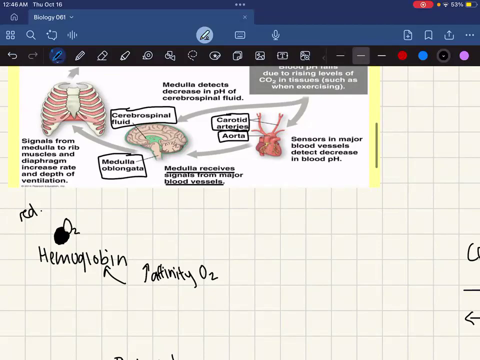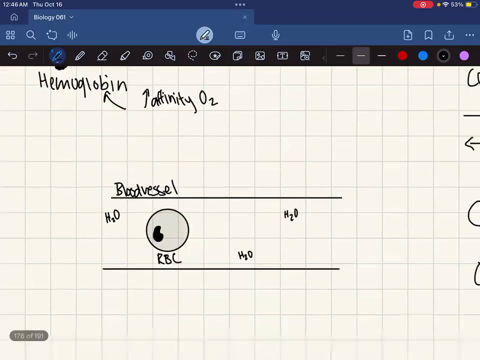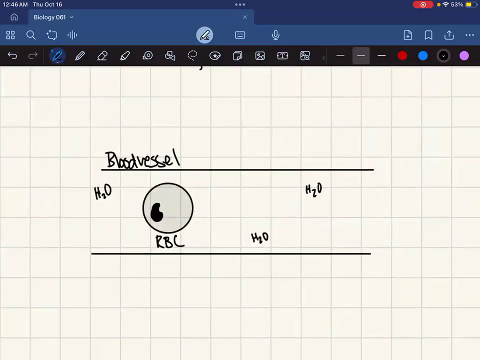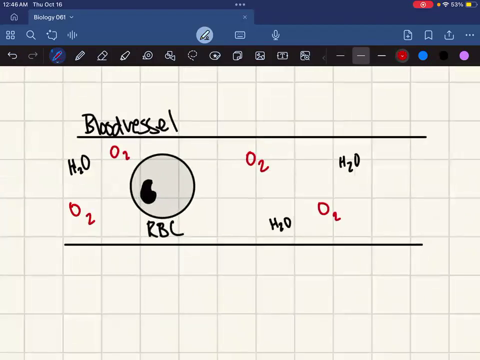Okay, and now I will go into our breathing regulation. When we breathe in, we obtain oxygen within our bloodstream, so we are saturating our blood with oxygen-rich molecules, and that oxygen diffuses from high to low concentration.